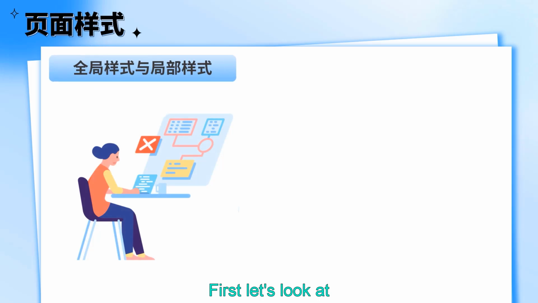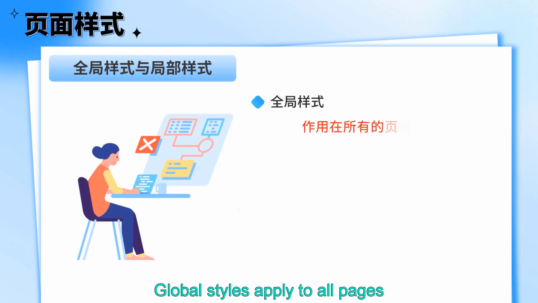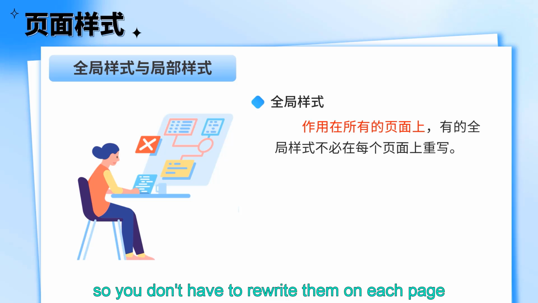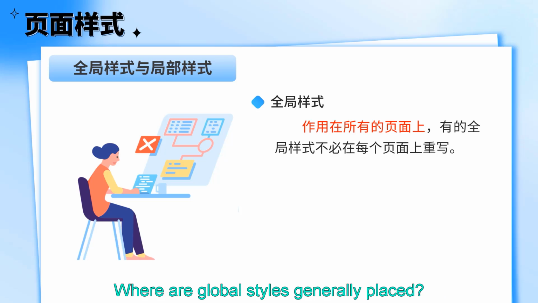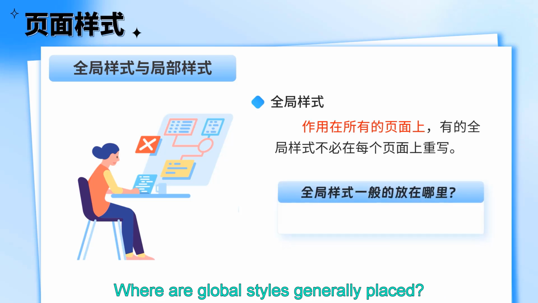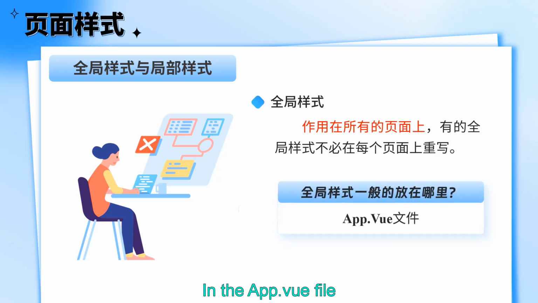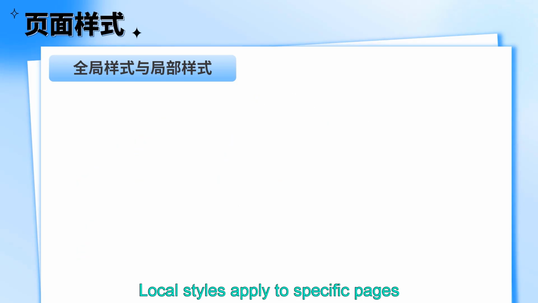First, let's look at global styles and local styles. Global styles apply to all pages, so you don't have to rewrite them on each page. Where are global styles generally placed? In the app view file. Local styles apply to specific pages.